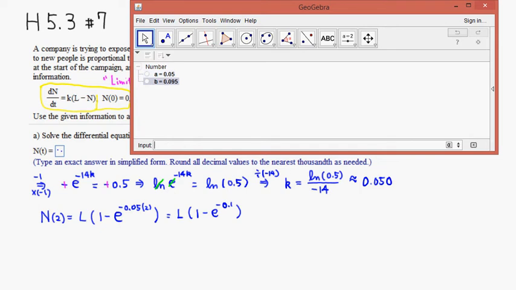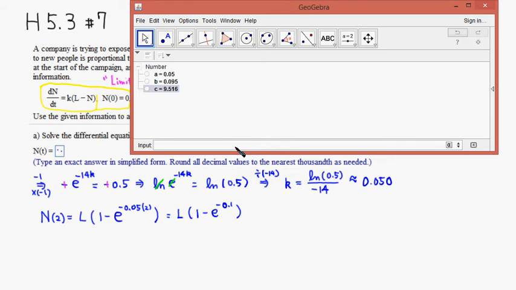So it came out to be, let's see, L actually. Then we have to turn it into a percentage, so we multiply by 100 to turn it into percentage. So it's going to be 9.5.